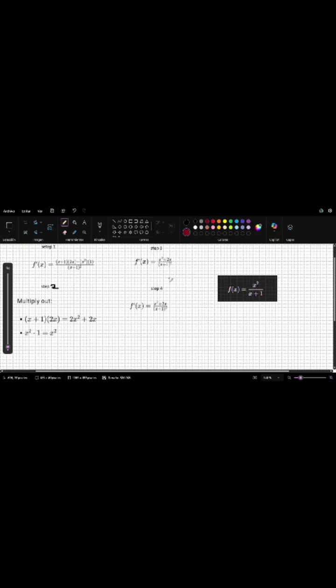Step number 4, f prime of x equals x squared plus 2x over (x plus 1) to the power of 2.